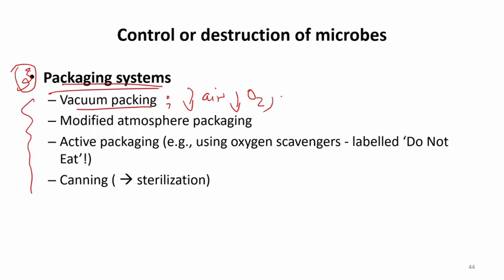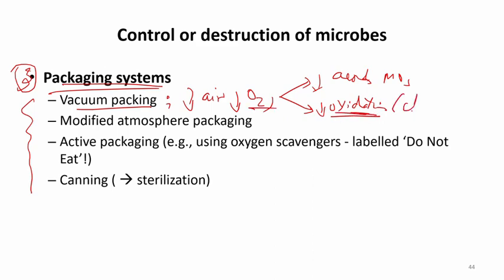Removing oxygen means that you reduce the growth of aerobic microorganisms like mold and some bacteria. Not only that, you reduce the oxidation of food. For example, if the product has oil and is sensitive to oxidation, nó bị oxy hóa, nó bị ôi dầu đó, fat rancidity.